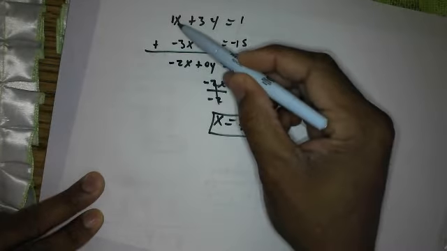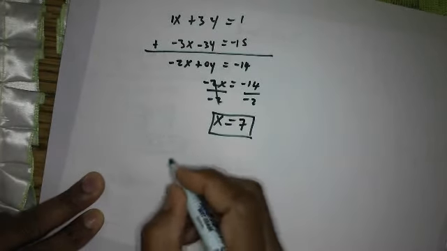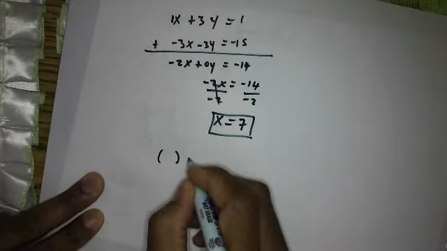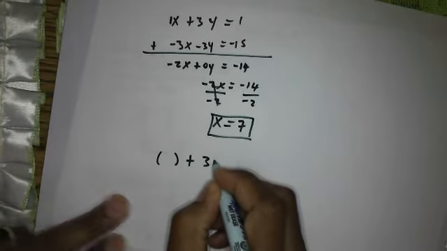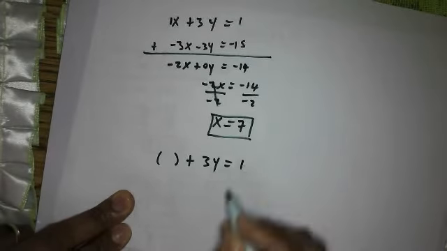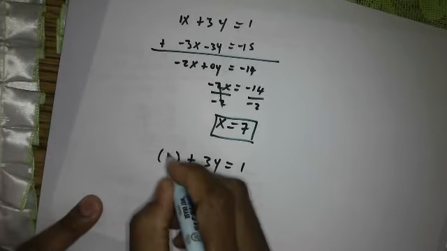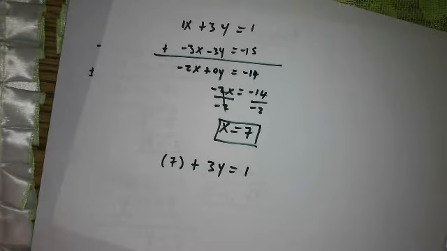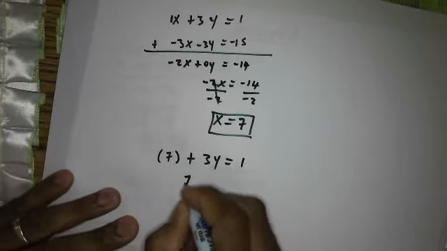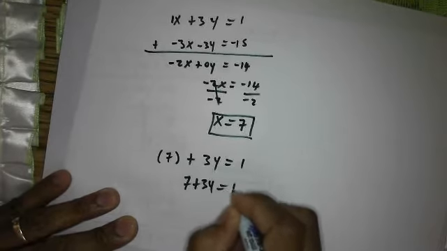Since I only have one x here, I'm going to use equation 1. So it is x plus 3y equals 1. But remember now that my x is 7, so I put a 7 here. So what we have is 7 plus 3y equals 1.